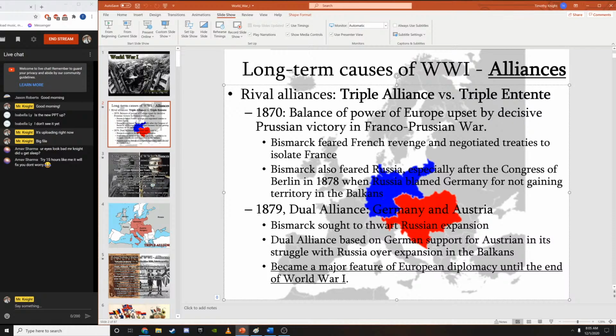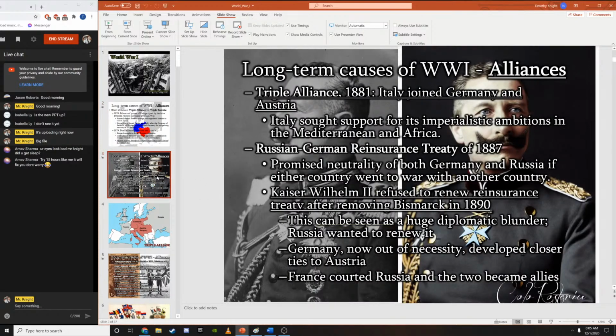So Bismarck, being a brilliant mastermind politician, before he died, and by the way, this is not Bismarck in the background. We'll get to who that is in just a second here. Bismarck is concerned about Russia, and if Germany ends up going back to war with France, he doesn't want Russia joining in and helping France out.